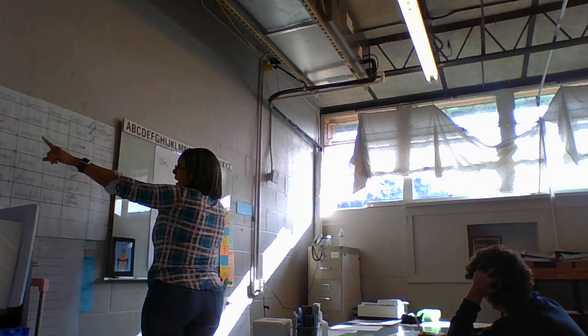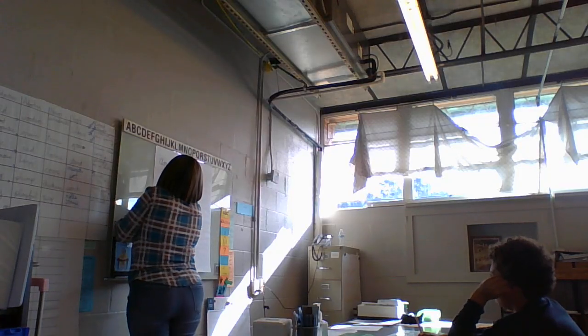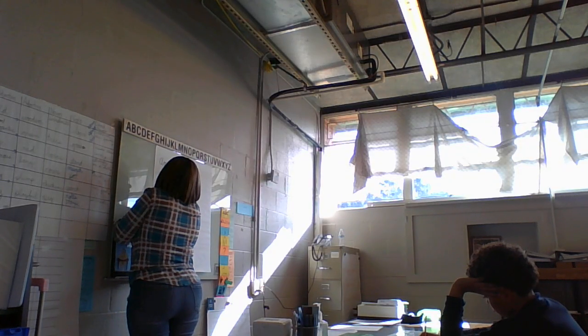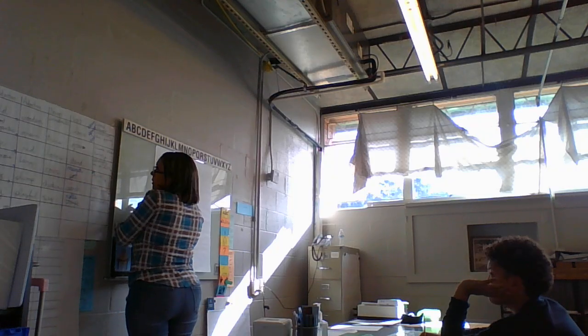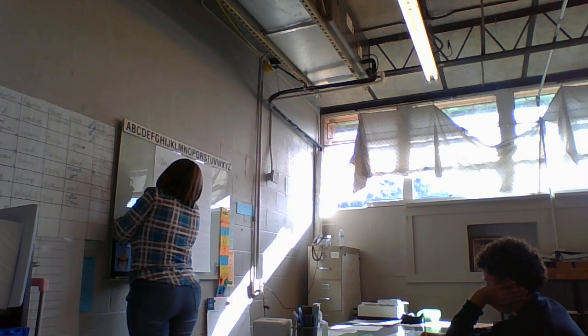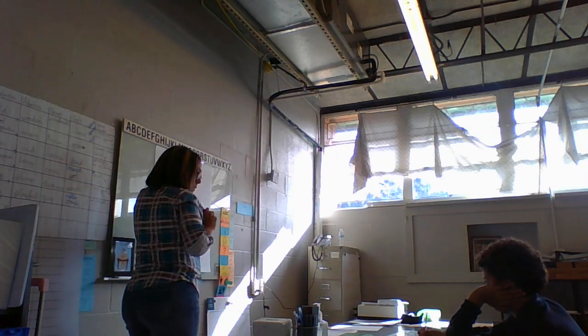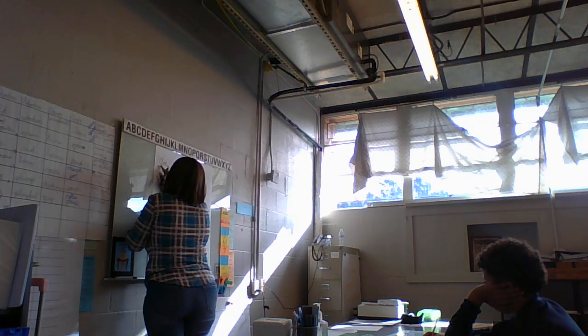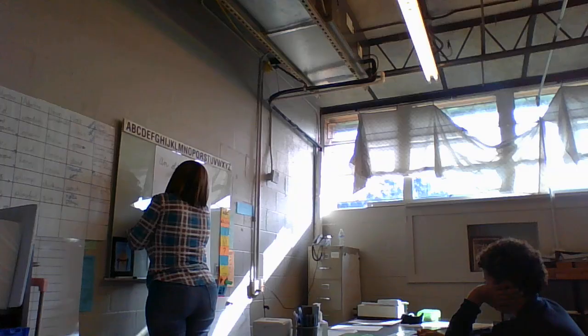All right, so we have And, and then our next word should be old. And old, comma, because I'm separating my adjectives. I have two. An old wooden.